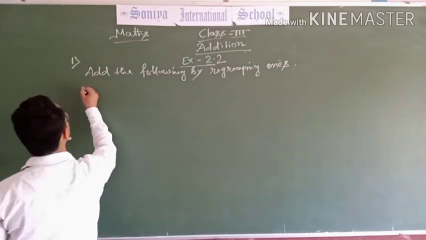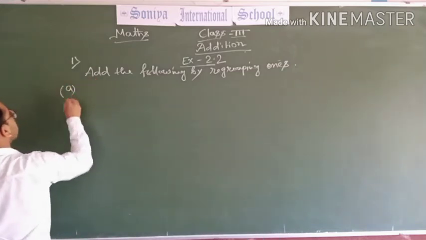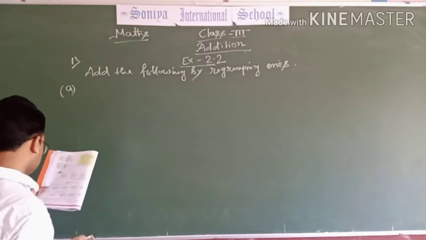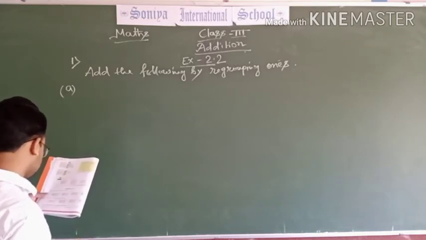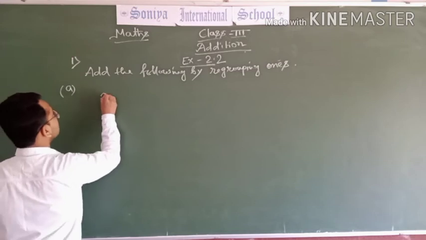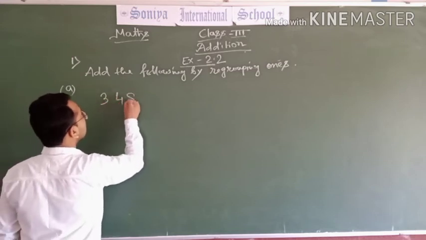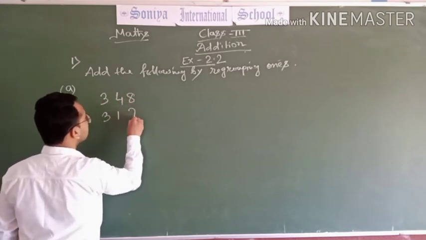See first, 1A: 348 plus 317. 3, 4, 8, 3, 1, 7.